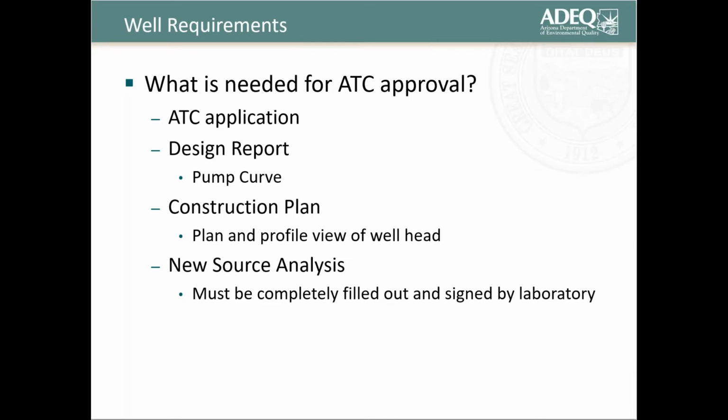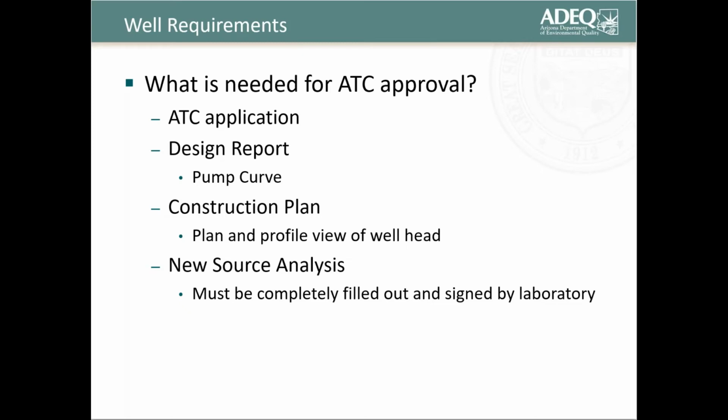So now let's look at what is needed for a well ATC approval. Again, that ATC application filled out completely. And then for the design report, we look for that pump curve that is usually provided with the specifications for the pump.